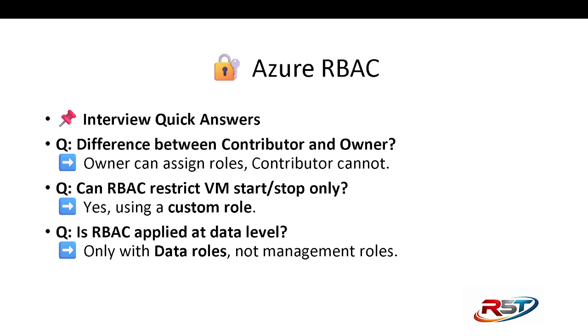There is no built-in role for it, so we have to create a custom role and assign that role to the specific VM, then VM start and stop will work.